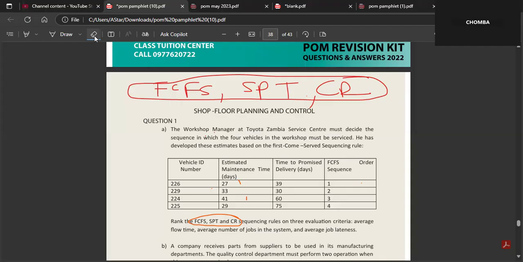But we are trying to look at which one will be better. Will the shortest processing time be better? That's what we're trying to look at.